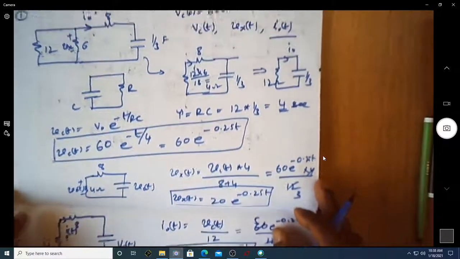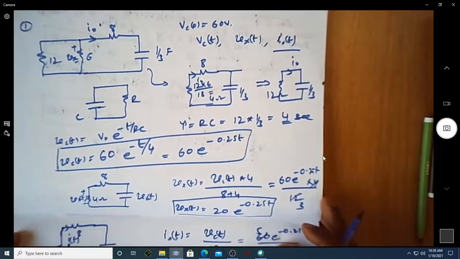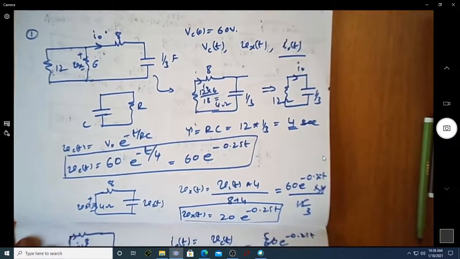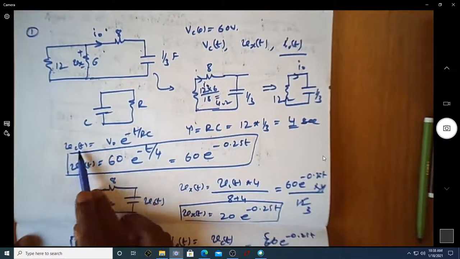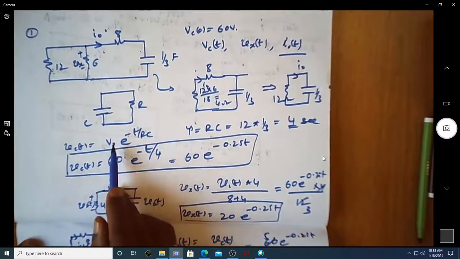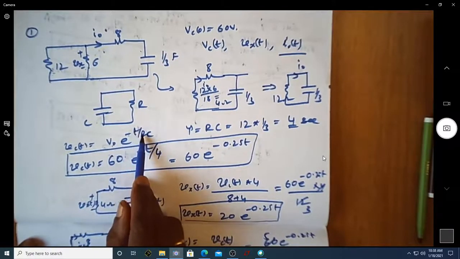From this example, we used the expression for the voltage across the capacitor, V of t, which is given by V0 into e power minus t by RC.